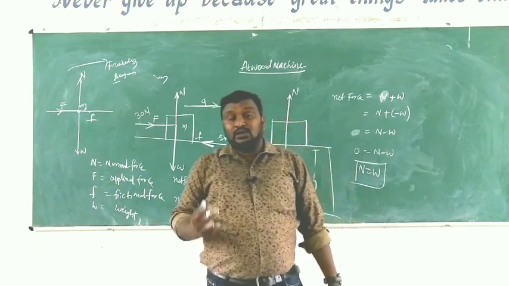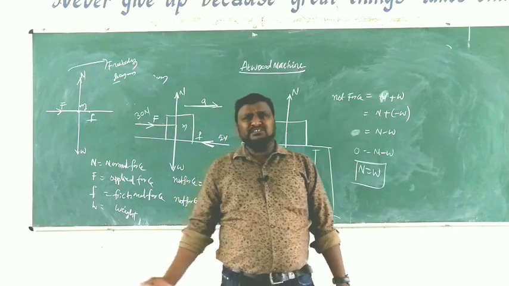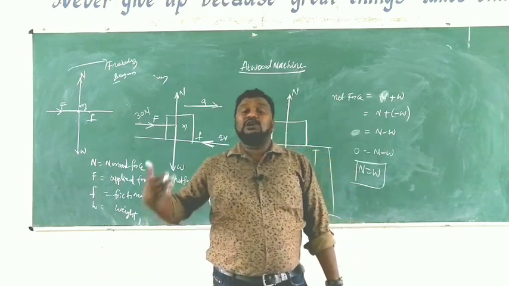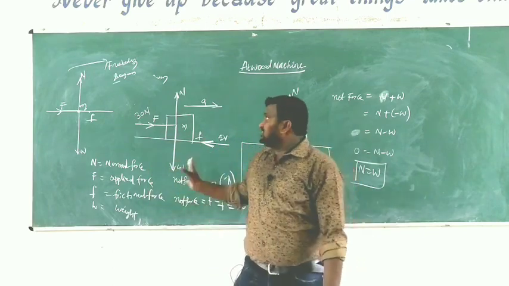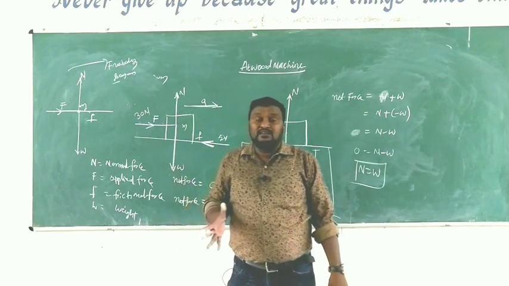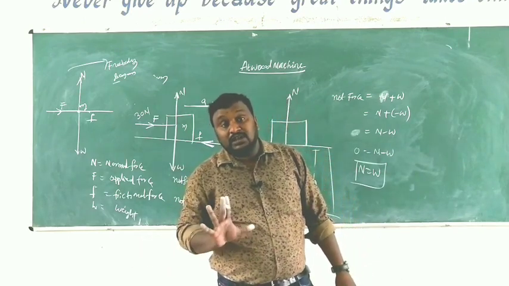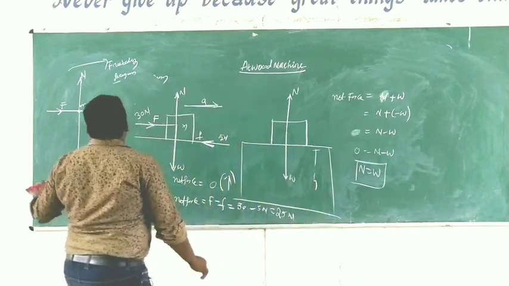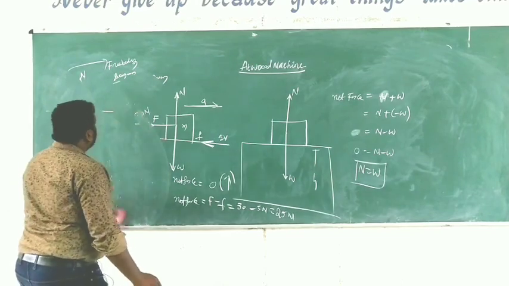Tell me now in which direction the net force is. Yes, obviously the applied force is more, so the net force is also in the direction of the applied force. So children, this is the brief explanation about the net force and free body diagram. Clear?